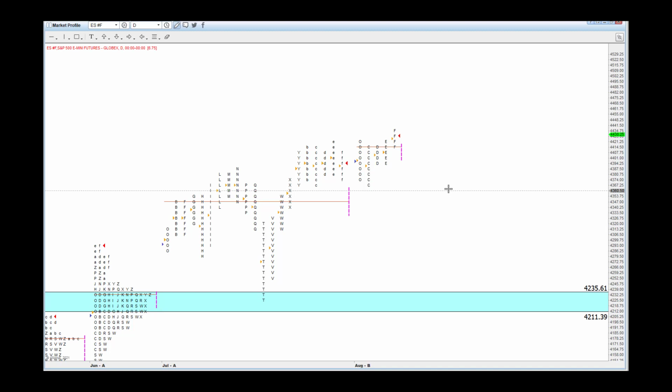The auction process is in effect in all degrees of time all the time, and it does not limit itself to one particular time frame. It's a constant flow. So there's always an auction within an auction, and the relevant information that you need to trade going into next week is in here.